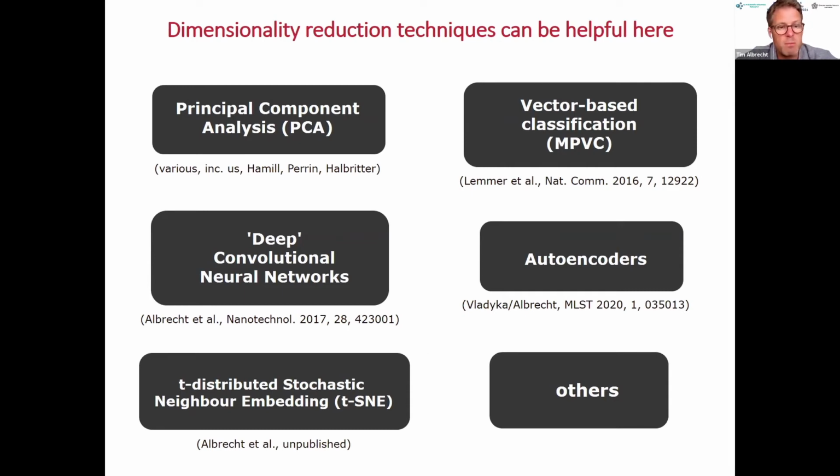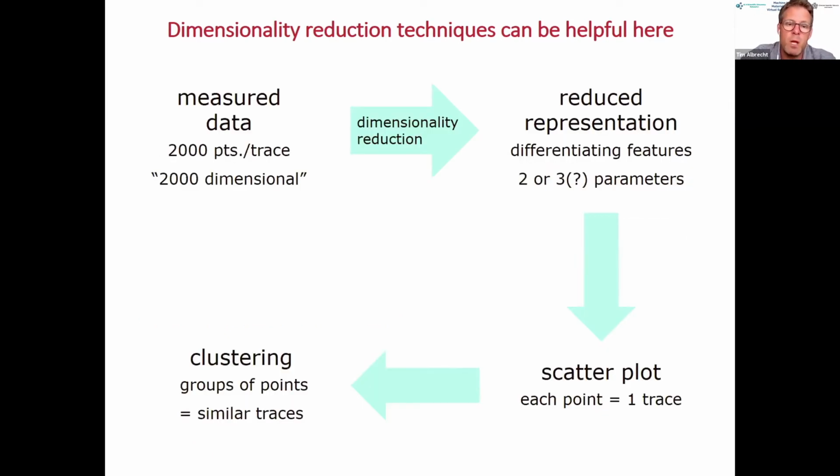There is principal component analysis, the archetypical dimensionality reduction technique. But there are others: MPVC, multi-parameter vector-based classification, is one that we developed a few years ago. There are deep convolutional neural networks, autoencoders, t-SNE, and other techniques as well. Today I will talk about two of them, namely MPVC and a slightly more sophisticated image recognition-based technique.